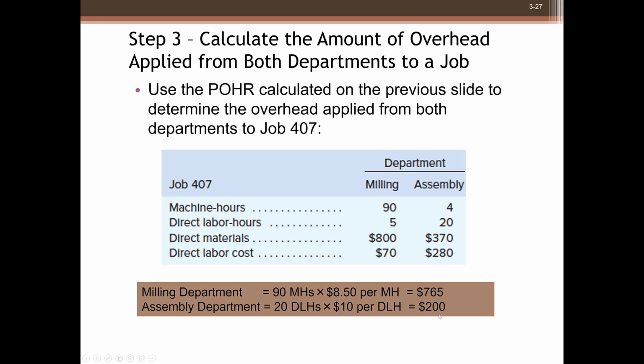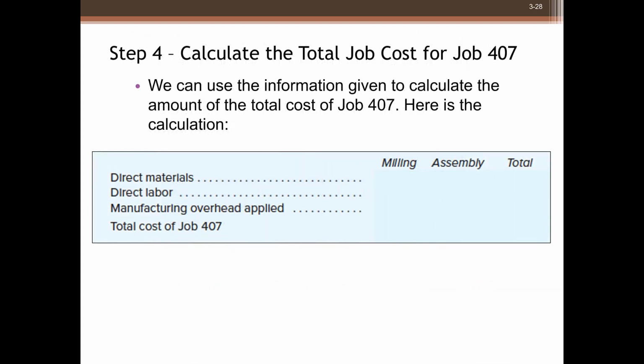Total MO is $200. Step 4, we can calculate the total job cost for this job. We add up direct materials, direct labor, and the MO applied, which we just calculated for the two departments. And then we can easily get the total cost of job 407 for the milling and assembly departments respectively.